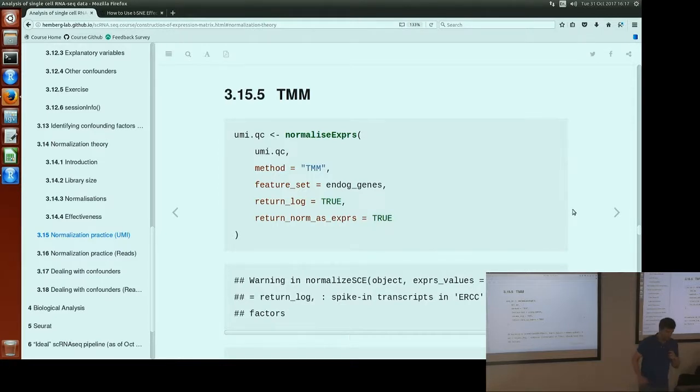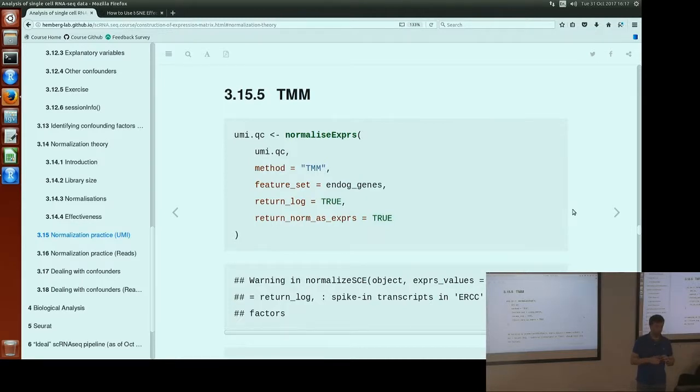That's there to warn us that these bulk RNA-seq methods, so RLE, UQ, TMM, were never designed with spike-ins in mind, and so the default behavior is that we ignore them.